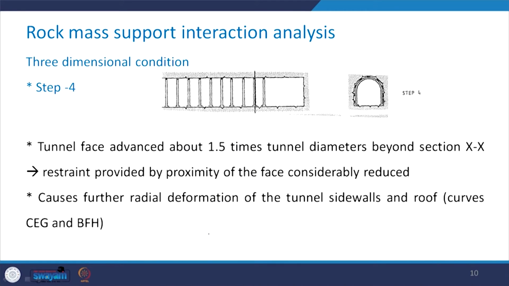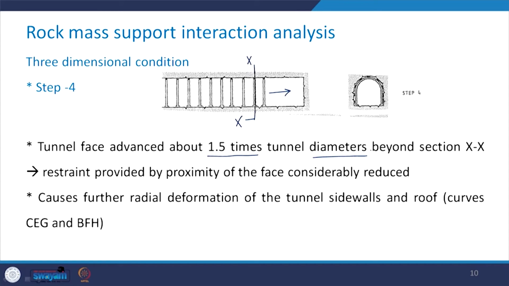Now coming to the step 4, what has been done in this case is that beyond this section XX, the tunnel has further been advanced. Usually the tunnel is advanced about 1.5 times the tunnel diameter in one phase.